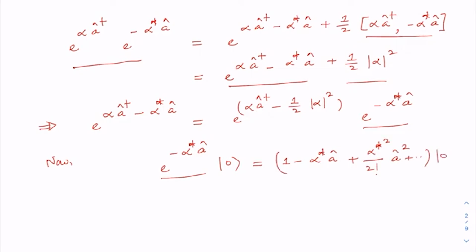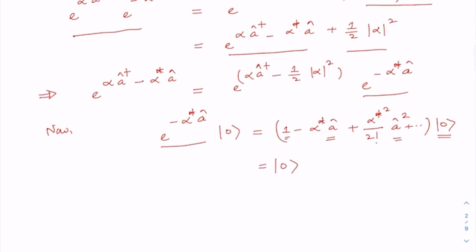When the annihilation operator operates on the vacuum state, we will get 0. So all the other terms will be 0, and we will be left with only the first term. So this would be equal to simply the vacuum state |0>.